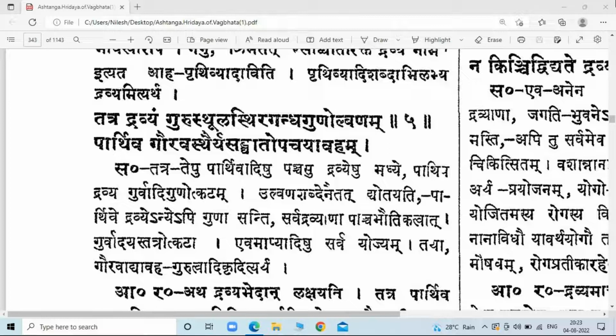This is more relevant when we come to the domain of Ayurveda, Vaidya. We are all supposed to have some detailed learning about these padarthas. That is why we have a padartha vijnanam.